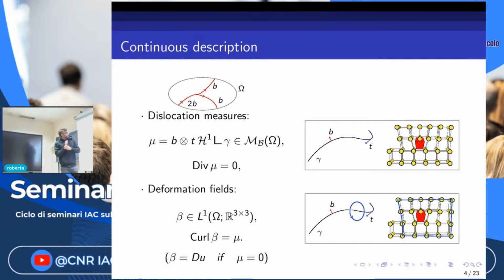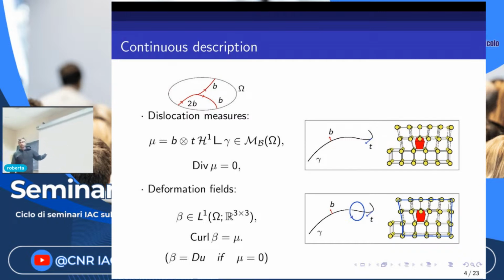So how do we formally describe a dislocation as a measure? If you're not comfortable with this notation, for what follows you can just think about a line with a Burgers vector and a direction.